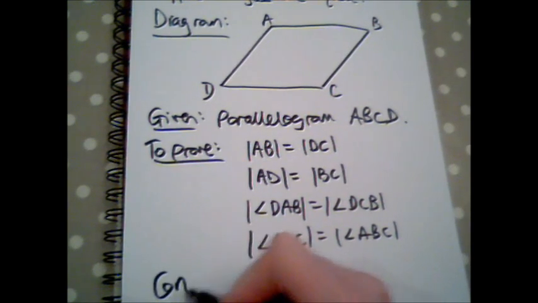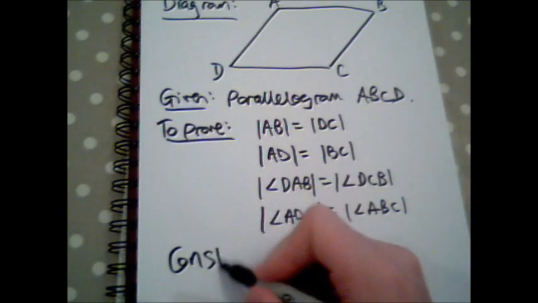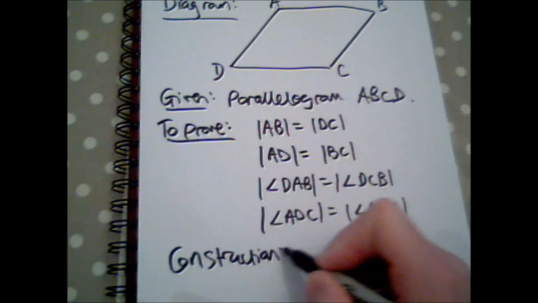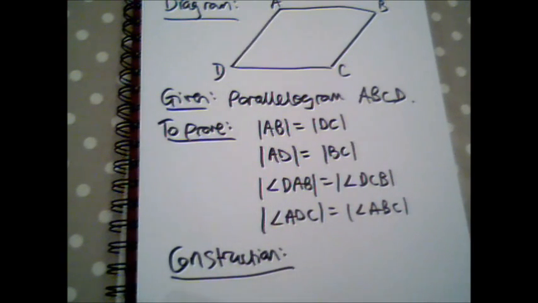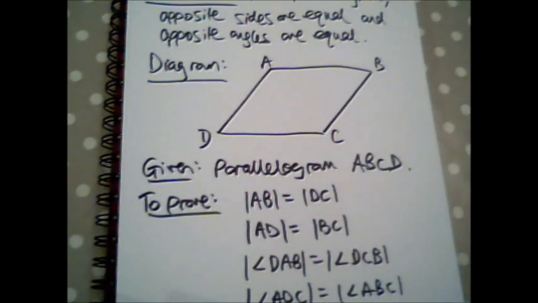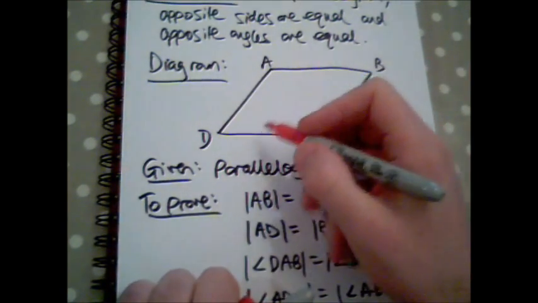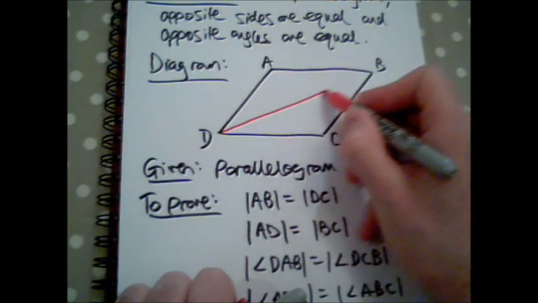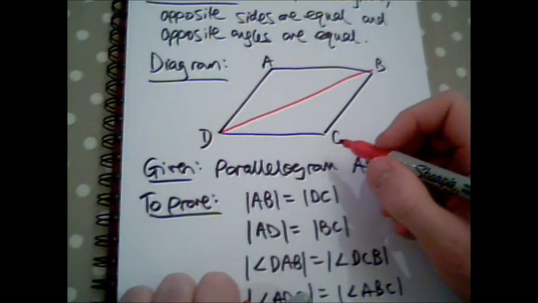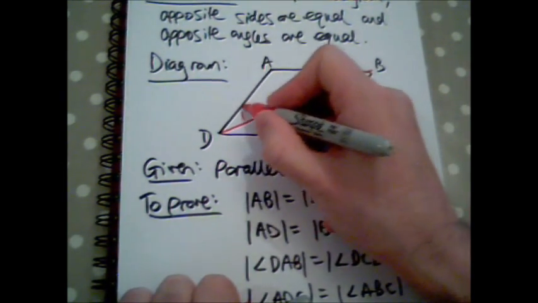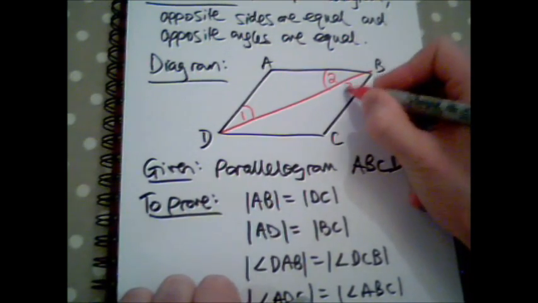So the construction has the trick in it. For the construction, what we're going to do is draw in a diagonal. It doesn't matter which one we draw. So let's say we draw this one here. To draw in a diagonal, let's mark in the angles 1, 2, 3, and 4.